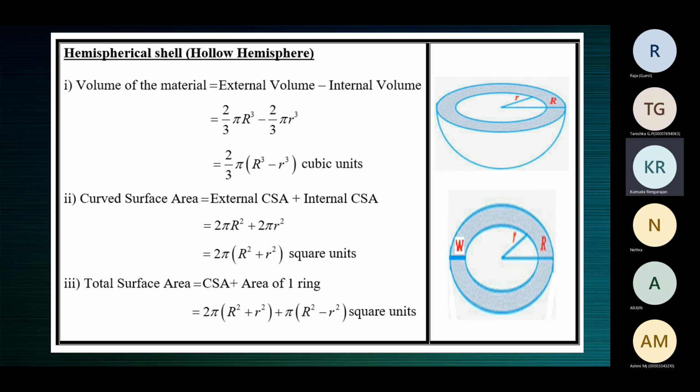When you buy a full coconut and break it into 2 equal pieces, assuming it is perfectly spherical, each piece is a hollow hemisphere.